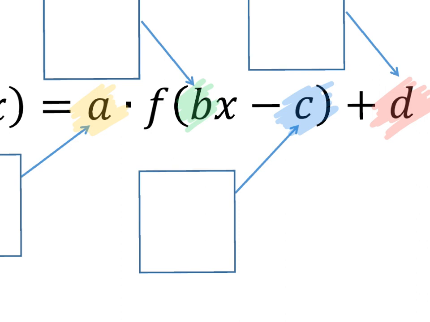If the C is negative, it's a shift right. If positive, it's a shift left. Remember, it's opposite of what you think because of this negative sign here. It's opposite of what you think.